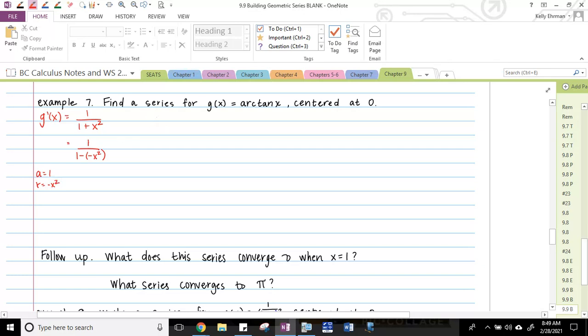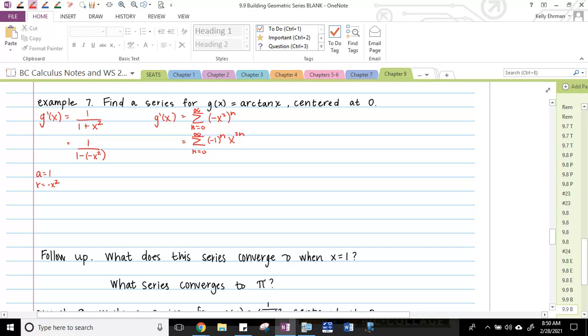All right, so the power series for g prime of x is the sum from 0 to infinity of 1 times negative x squared to the n. Let's clean that up a bit. Negative anything to the n can be negative 1 to the n, and then we'll just make this x to the 2n.